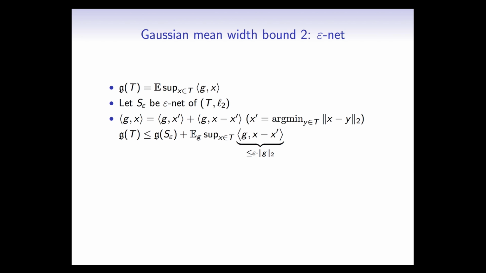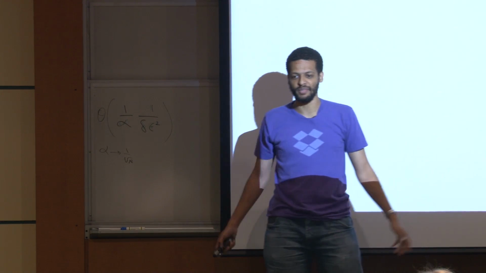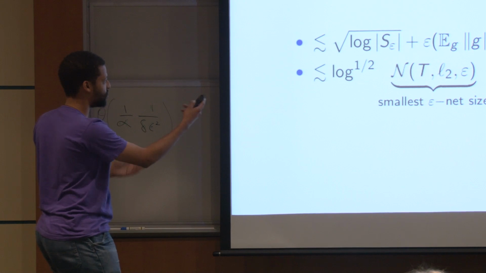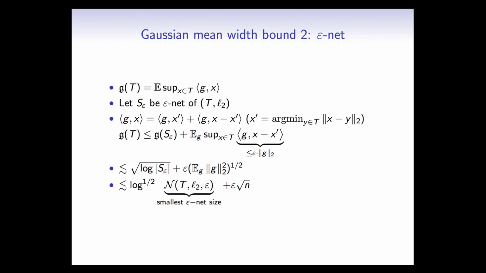This has norm at most epsilon because I took an epsilon net. And the bottom line is the expectation of the L2 norm of a Gaussian is like the square root of the dimension. Okay? So I wrote down a very short proof. This thing we know from the last slide by union bound is at most square root log the size of the net plus epsilon times this thingy, which is root n.